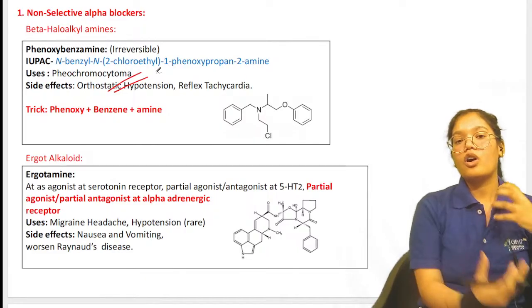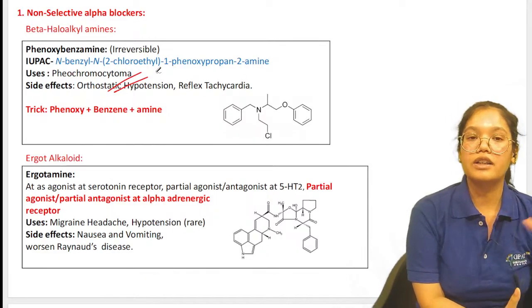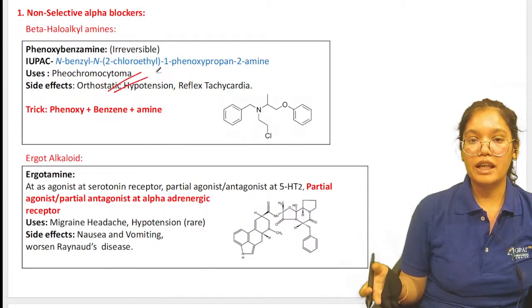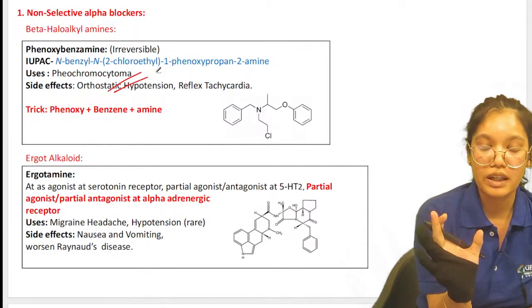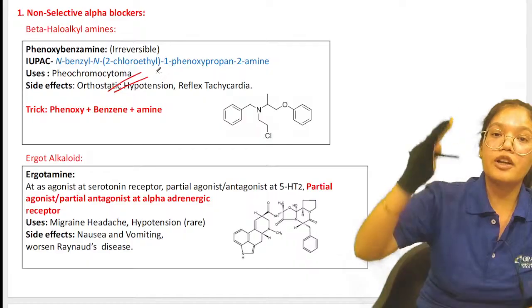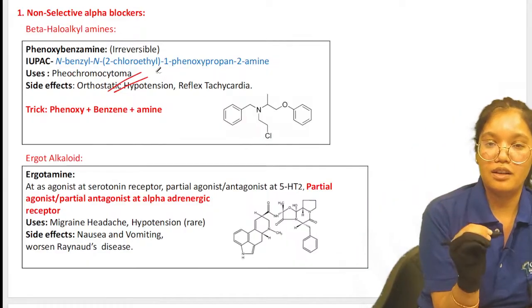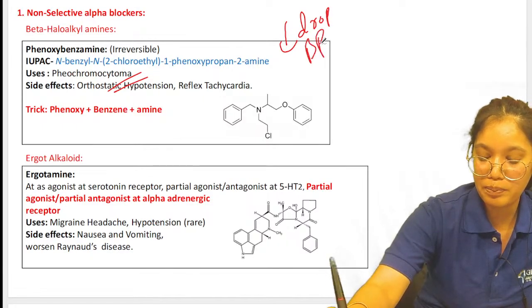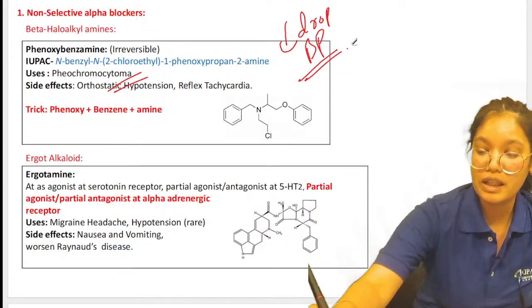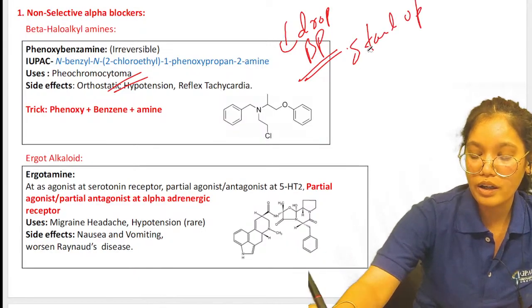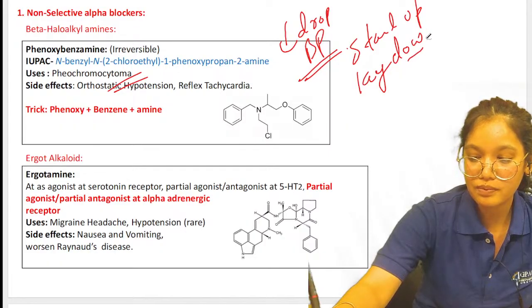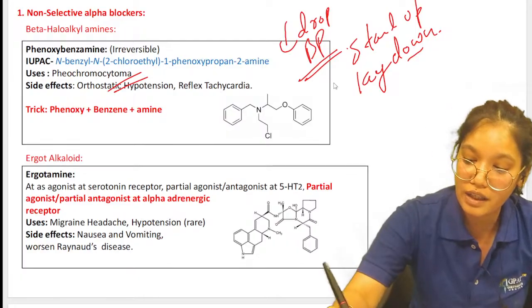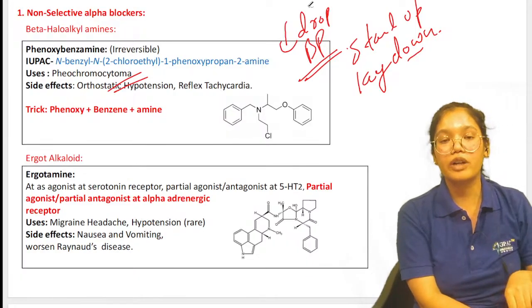Whenever an individual is sitting and then stands up, or lies down, if there is a drop in the BP of that individual, that condition is known as orthostatic hypotension.